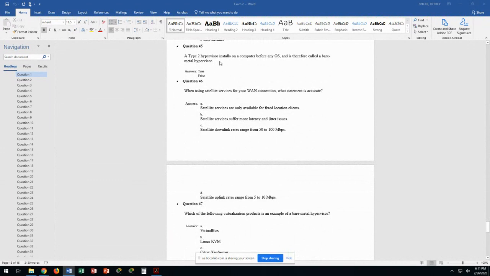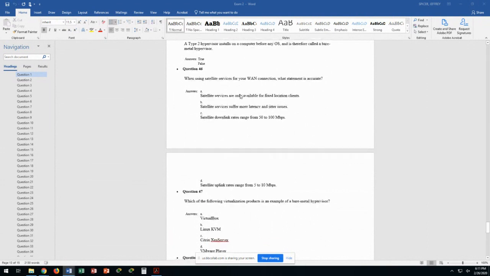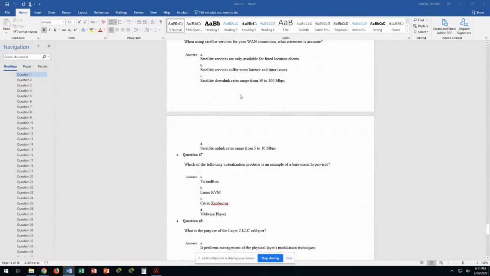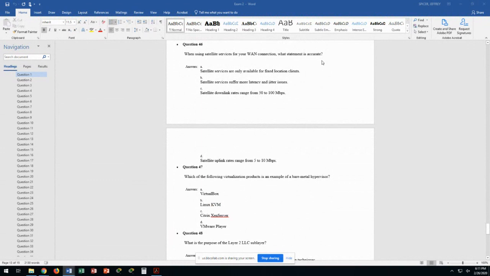45. A type 2 hypervisor installs on a computer before any OS and is therefore called a bare metal hypervisor. False, right? That's a type 1. They're trying to trick you. 46. When using satellite services for your WAN connections, what statement is accurate?